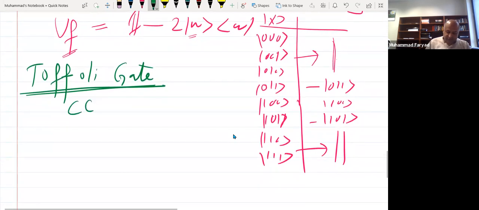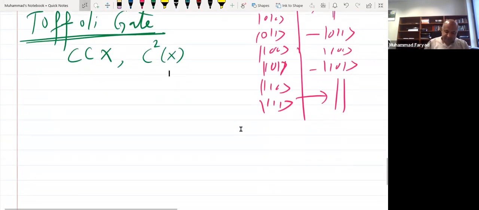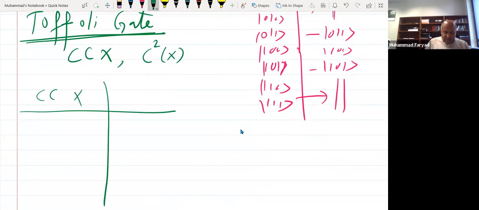In Qiskit it has the symbol CCX, but in books you can also see it written as C square X and so on. And this is a gate like this. If you talk about its truth table, it works like this: if both control qubits are 1, 1, the X is flipped. This is the output.